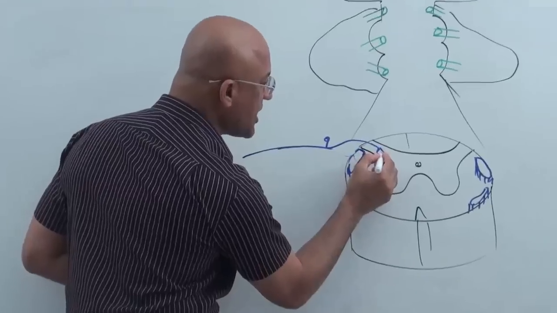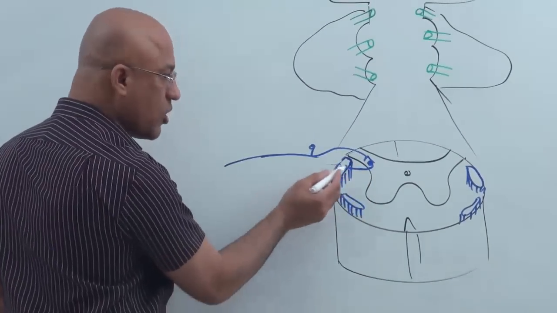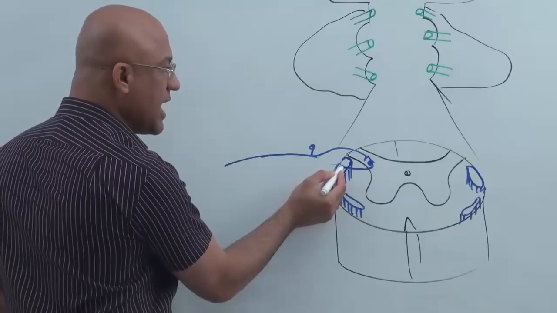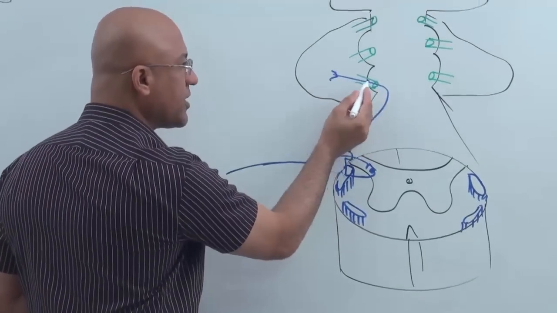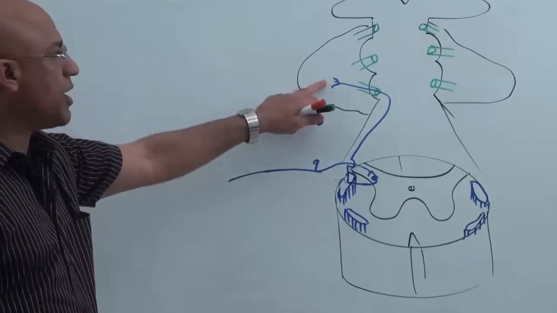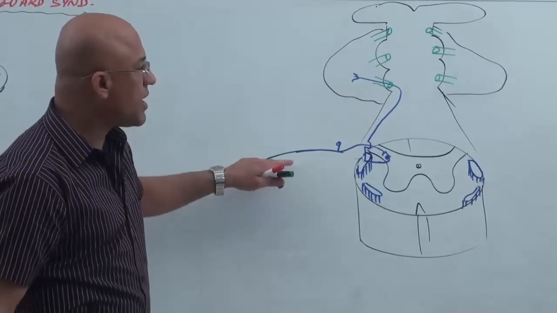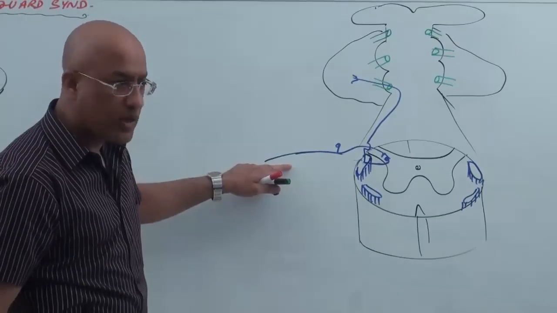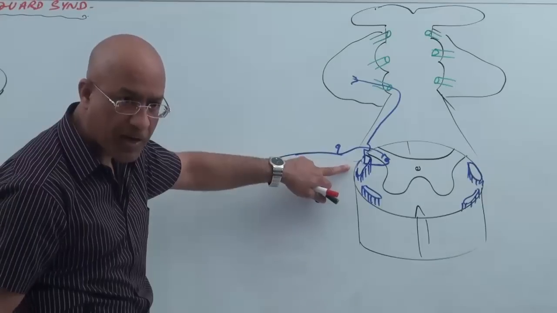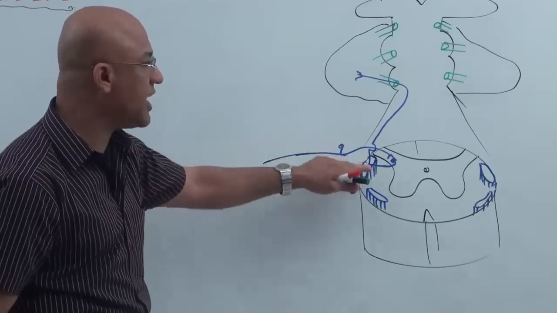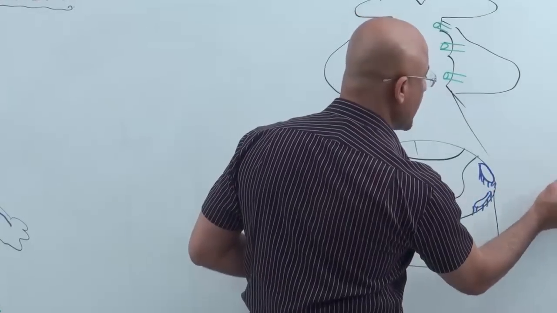Fibers enter, and from here, second order neurons start, which go ipsilaterally. They go ipsilaterally, and from here they will go upward, and through the inferior cerebellar peduncle, fibers will go to the cerebellum. It means the unconscious proprioception which is going upward through dorsal or posterior spinocerebellar tract, that is going ipsilaterally. Even from this side I can bring.